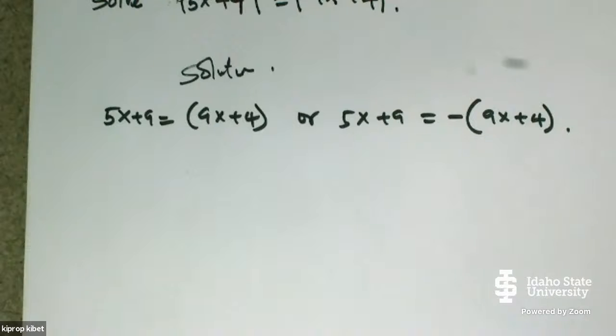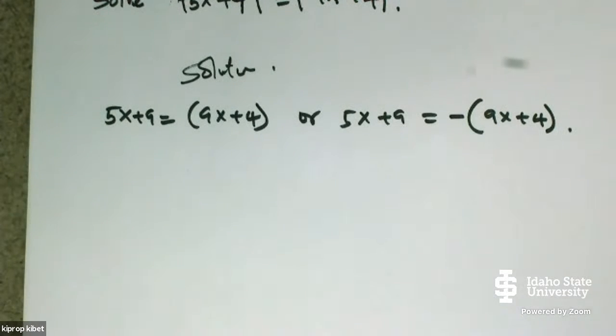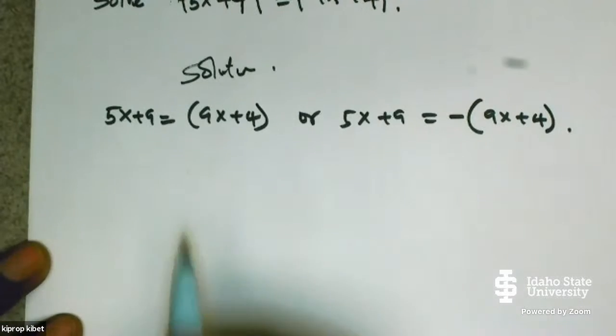Or you can actually make the other side the reference point. You can say 9x plus 4 equals 5x plus 9, or 9x plus 4 equals minus 5x plus 9. You can do either side. You will still get the same solution.